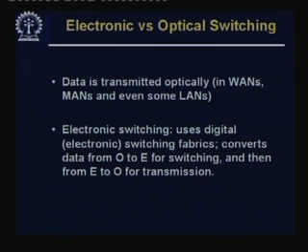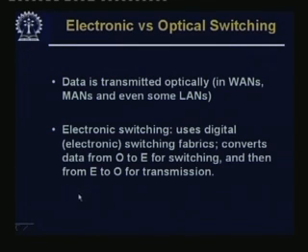First of all, one quick comparison between electronic versus optical switching. Data is transmitted optically in WANs, MANs and even some LANs. Electronic switching uses digital switching fabrics, converts data from optical to electronic for switching, and then from electrical to optical for transmission. That means here we are doing the switching in the electronic domain. As mentioned a number of times before, electronic switching always has a problem.